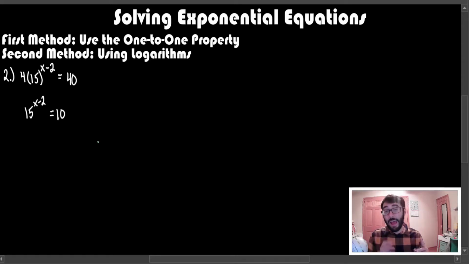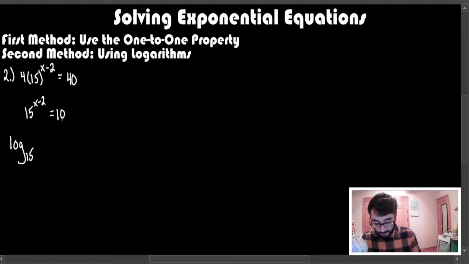Okay, and now remember, I can go 2 different ways. I can take the common log or natural log of each side, or I can rewrite this in logarithmic form. I'm going to go ahead and choose the latter, okay? Because now I have my exponential expression isolated. So I'm going to have log, the base was 15, the base is going to stay 15.